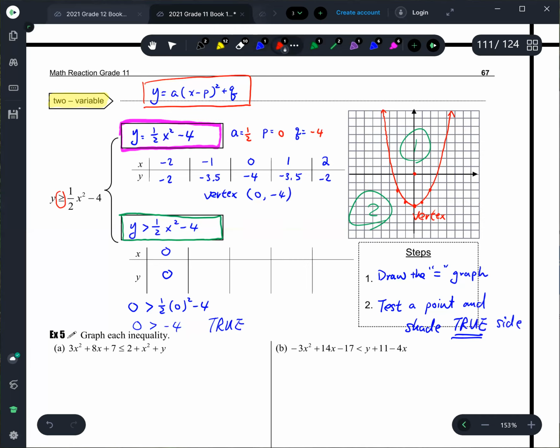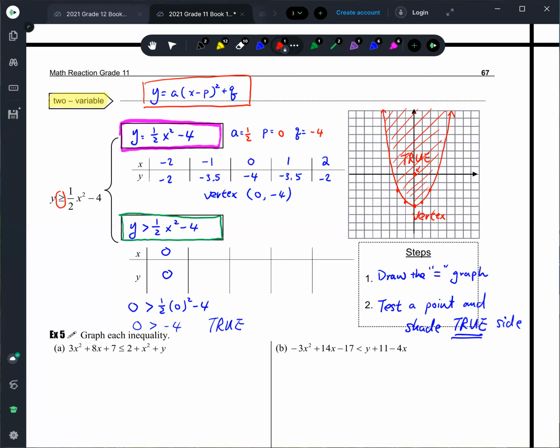That means everything on the inside will be true, and we shade the true side. If that point is true, then every point on the inside should be true as well. So you shade it in. Your shading plus the line together is your answer. Okay, thank you.